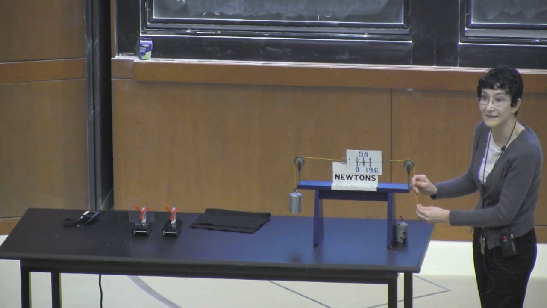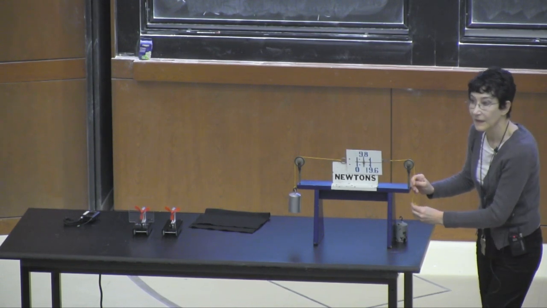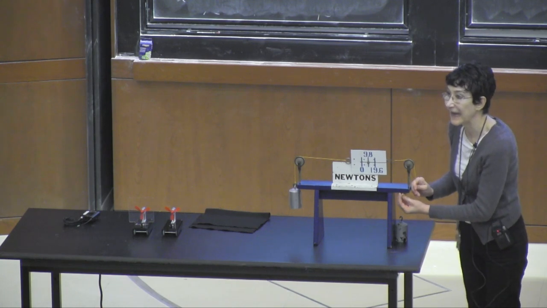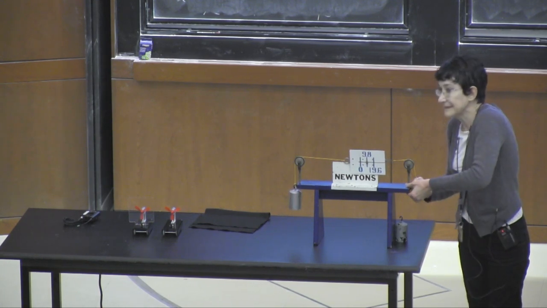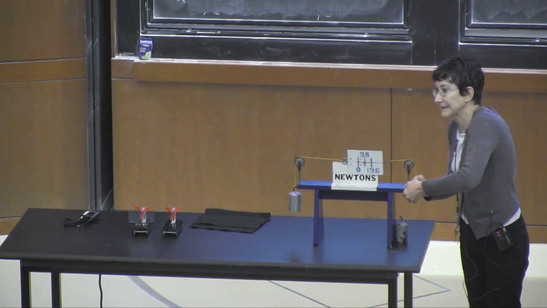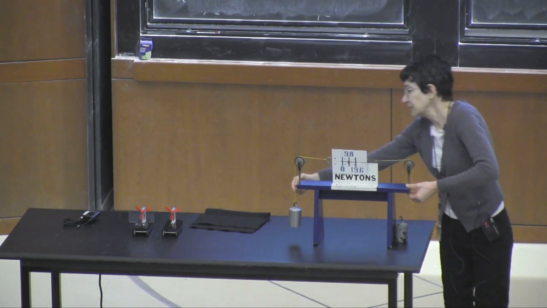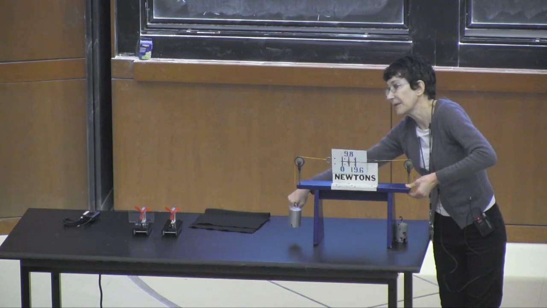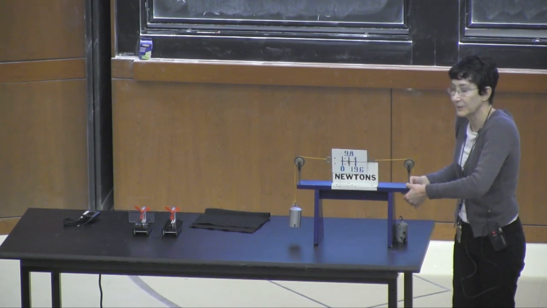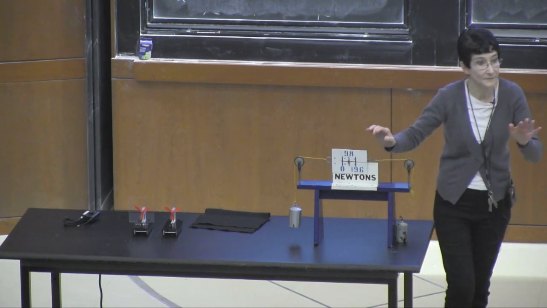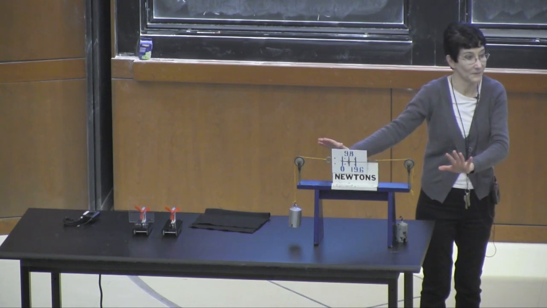Remember that the weight is mg, and therefore for 1 kilogram it is 9.8, the force of gravity. And this is in equilibrium, so the tension here is equal to the force of gravity because this is not accelerating. So it measures 9.8. Can you see that? This is in equilibrium.